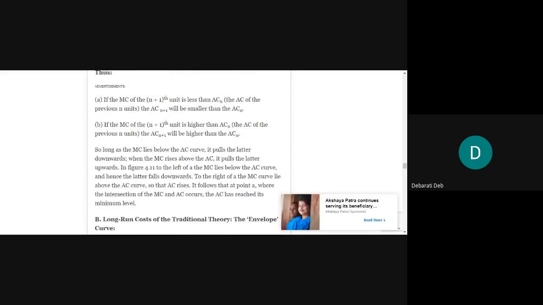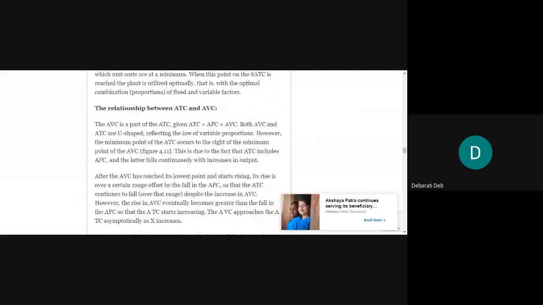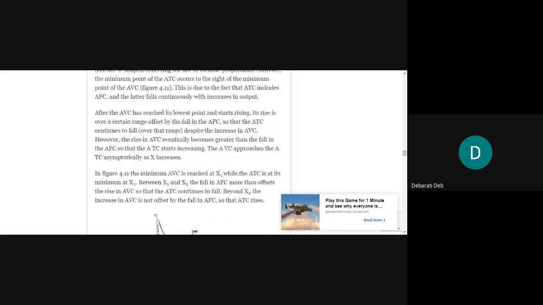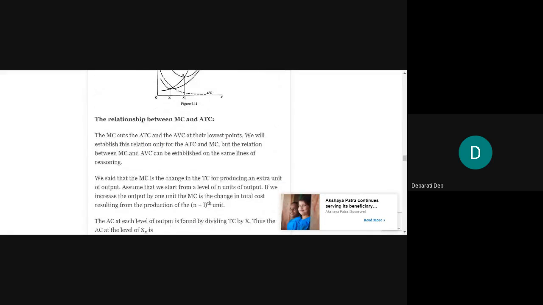Okay, so you will write these two paragraphs in your copy tonight, whatever we have done today. First, you will draw this diagram properly, and then you will explain the relationship between ATC and AVC and the relationship between MC and ATC.